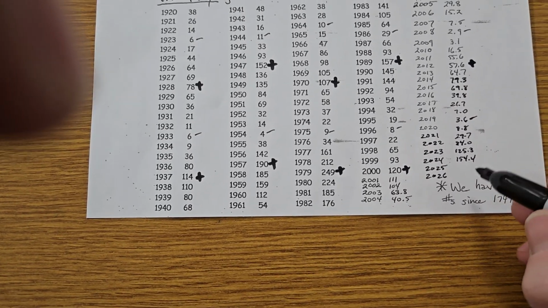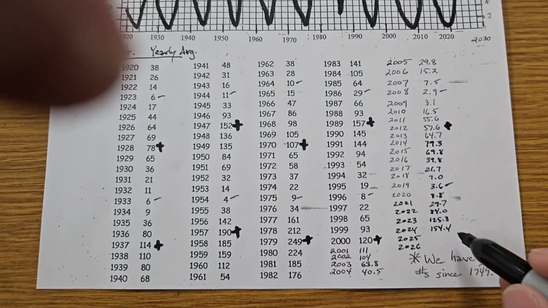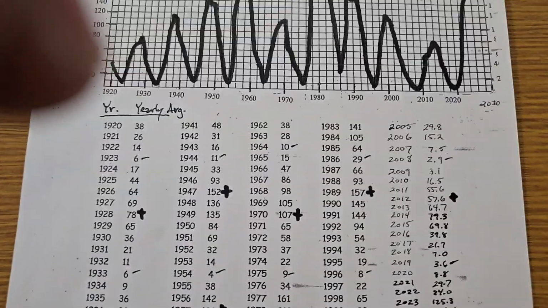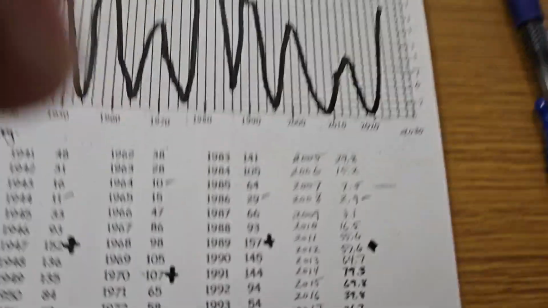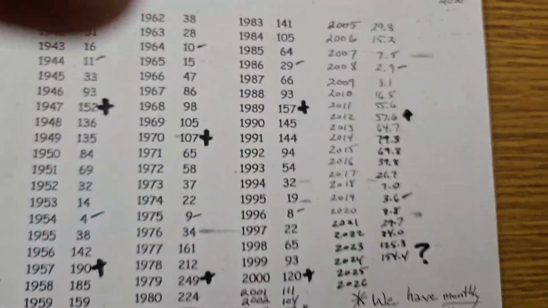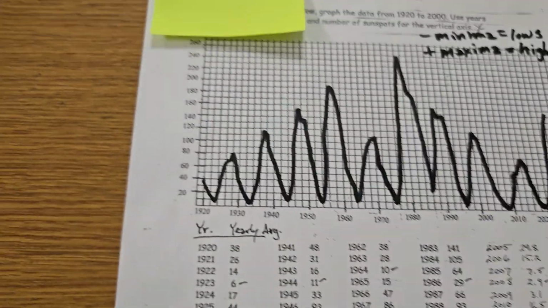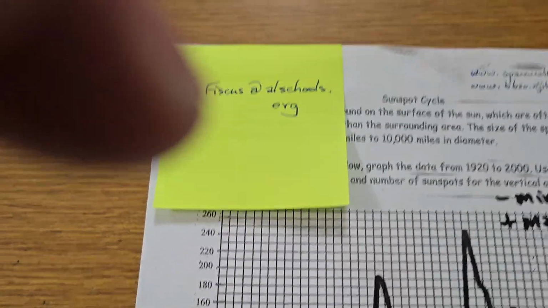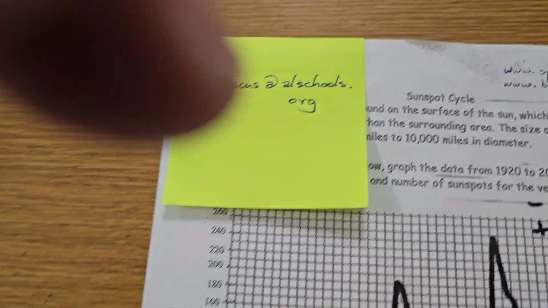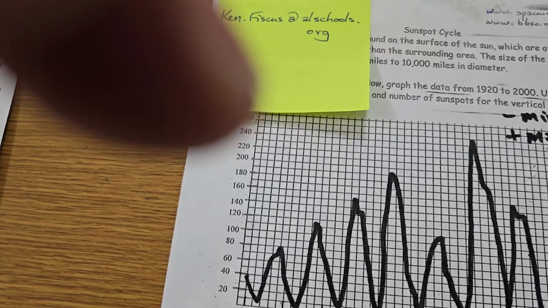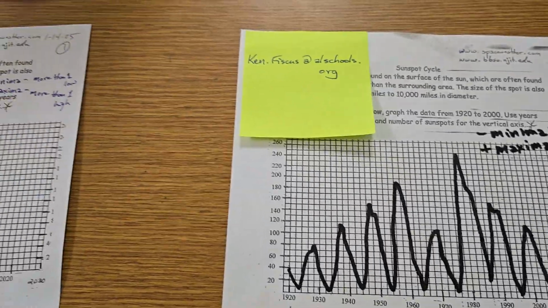The temptation is to mark 2024 as the next one, but what if 2025 beats it? So we're going to leave that one alone, okay? I'm going to put a question mark by 2024. Okay, so the maxima are marked with plus signs, the minima are marked with minus signs. Here's the next thing, okay?